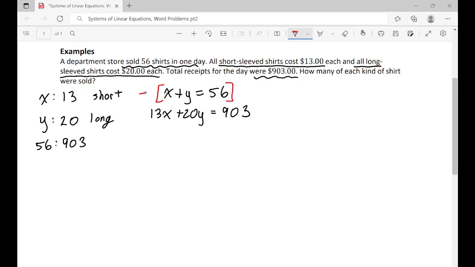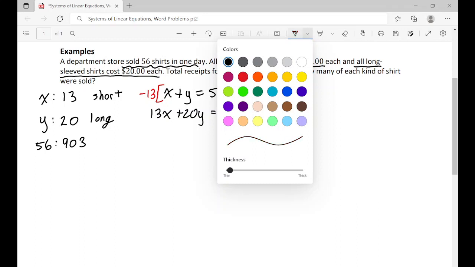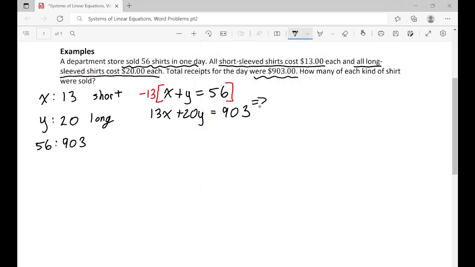And I'm going to eliminate x, so I'm going to multiply the entire top equation by negative 13. So when I distribute negative 13 over, I get negative 13x minus 13y equals negative 728. I haven't touched the second equation, so it just gets brought over. 13x plus 20y equals 903.